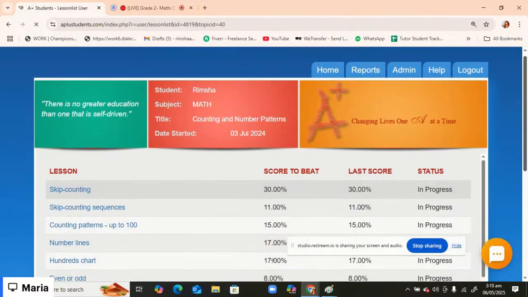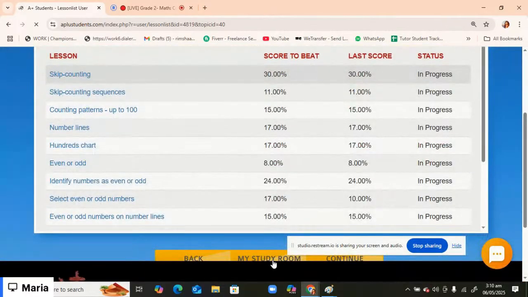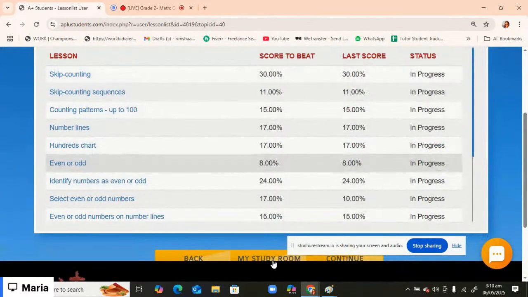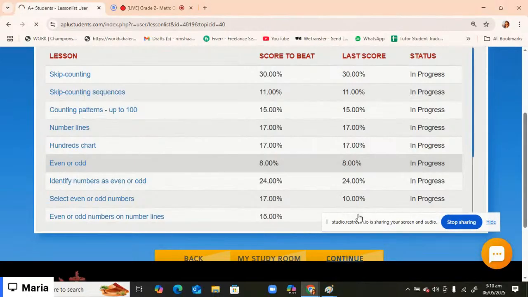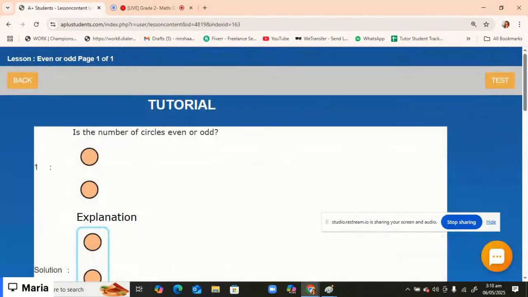So, that is even or odd. First of all, let me tell you what is even and what is odd.